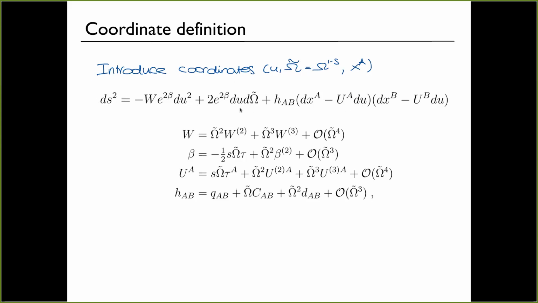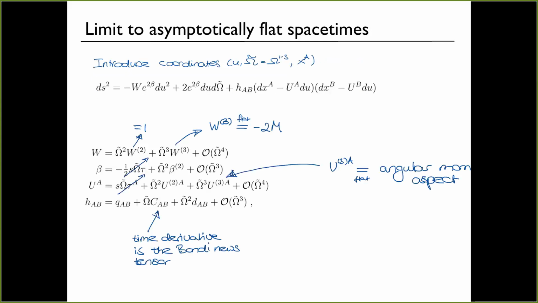Then using the geometric definition and Einstein's equations, you find a particular fall-off in this way. Now, this may not be super informative to you, but let me contrast this with the asymptotically flat case, because I think it's nice to see the difference.